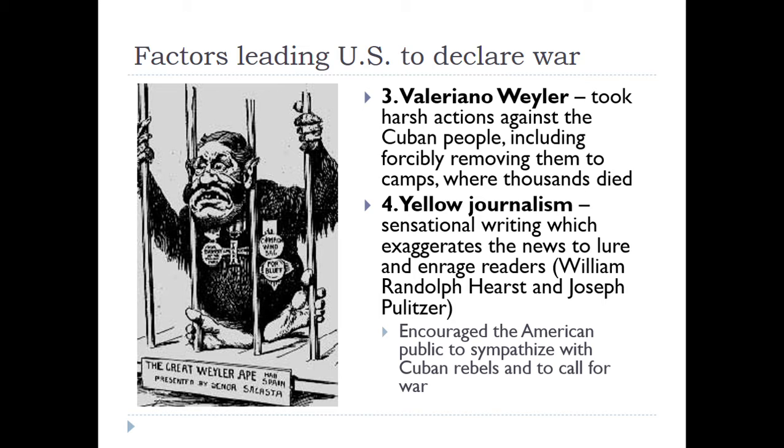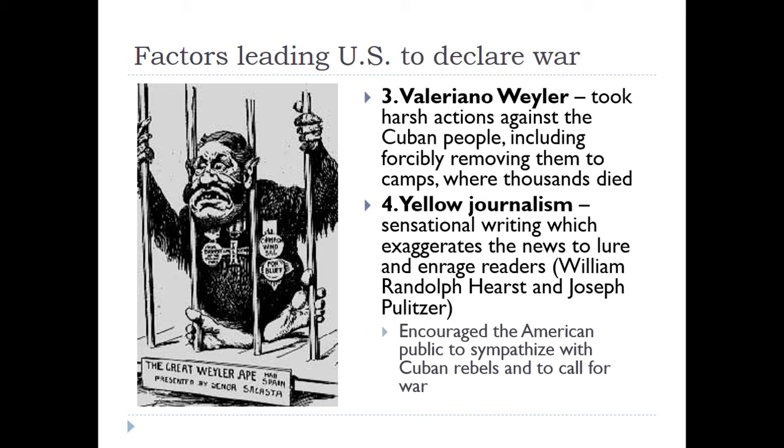Something else that pushes Americans toward war is what's called yellow journalism. At the time, there were these really exaggerated stories coming out in the news. Often, they were only partially true or completely made up. Newspapers were really doing things to just try and get people to buy them.